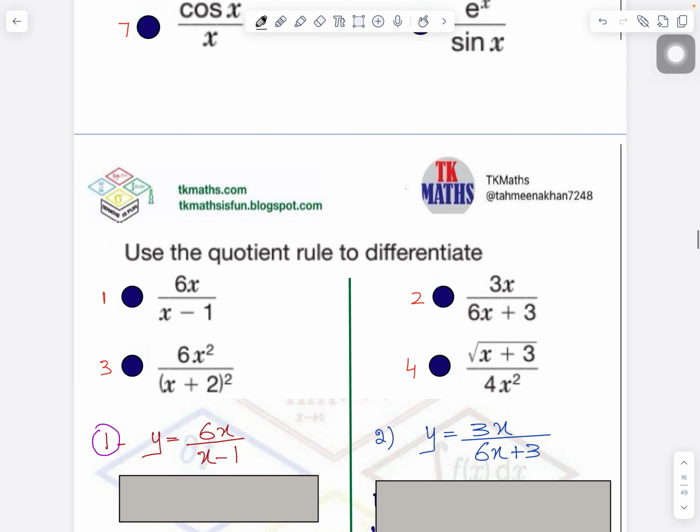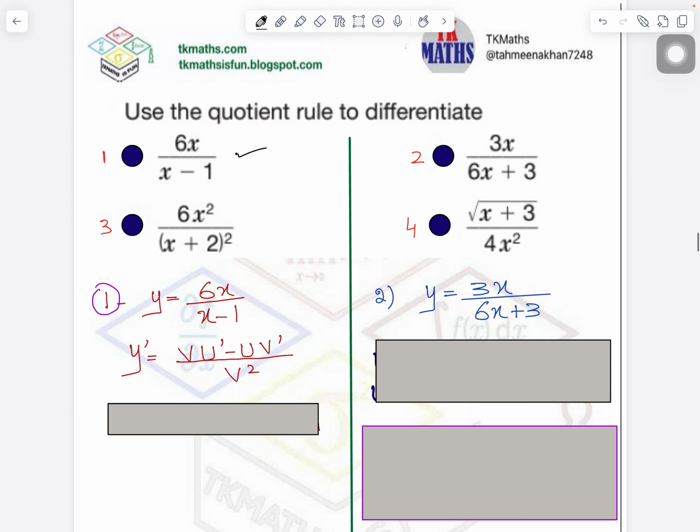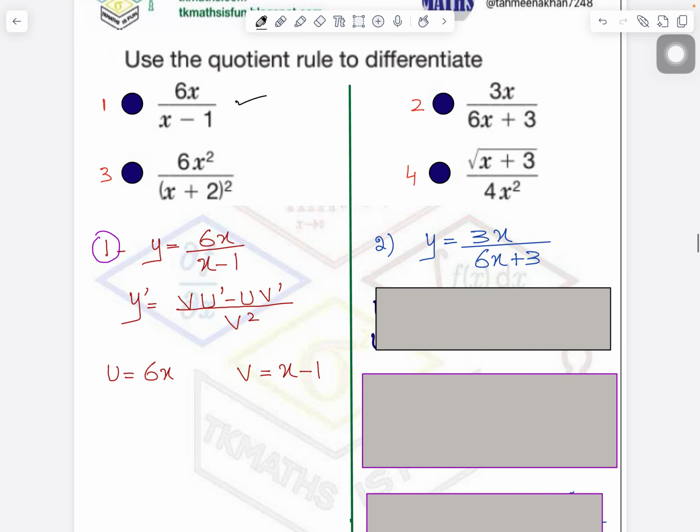So let's start with the first one, which is 6x divided by x minus 1. So you can see the function here, and I will substitute this in the formula. I need to know the derivative of u, which is the numerator, and the derivative of v. Suppose u is 6x and v is x minus 1, because 6x is in the numerator and x minus 1 is in the denominator.